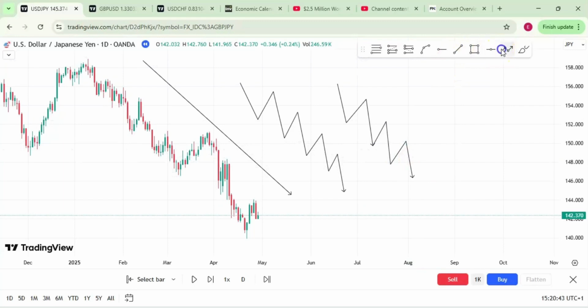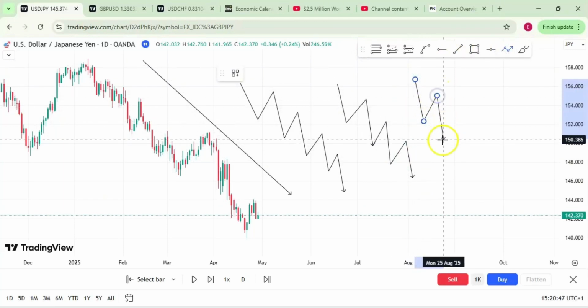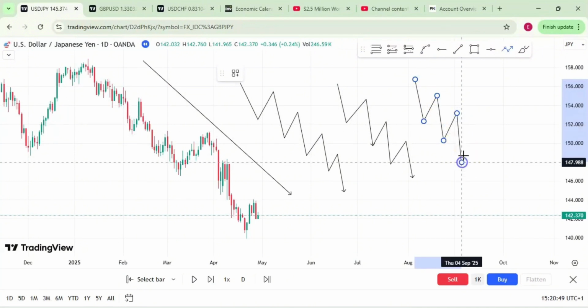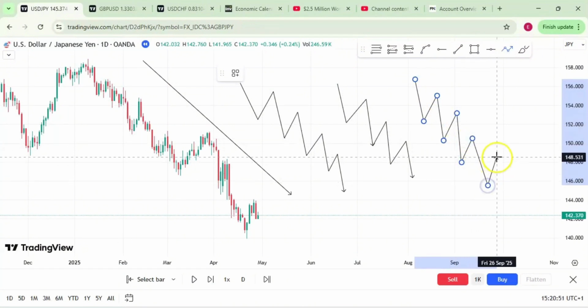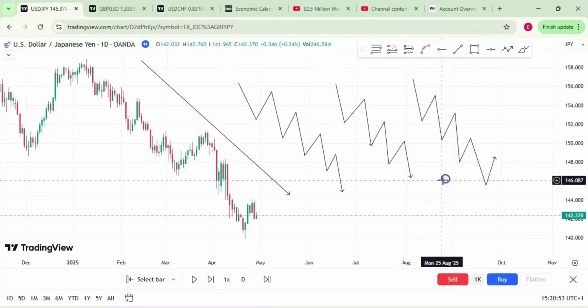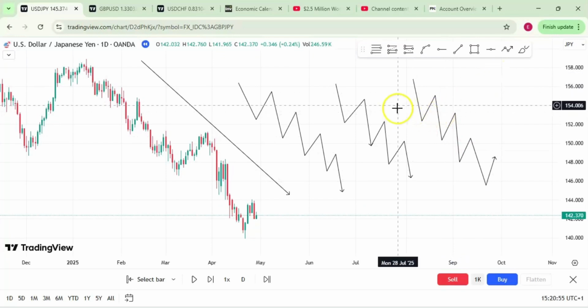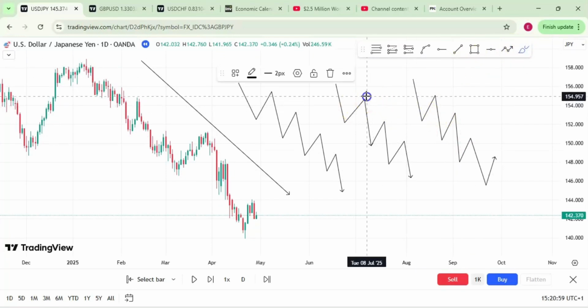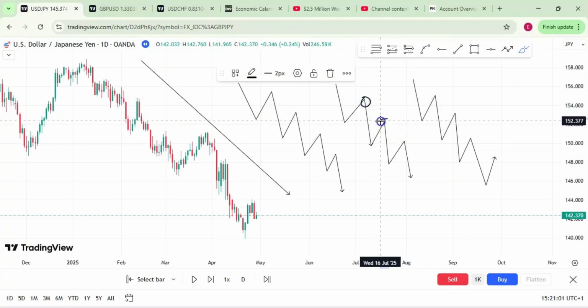So firstly, we have an impulsive move, we have a correctional move, impulse, correction, impulse, correction, impulse, and correction. So the best possible place for you to place your sell trade is at the peaks, at this high here, these lower highs.